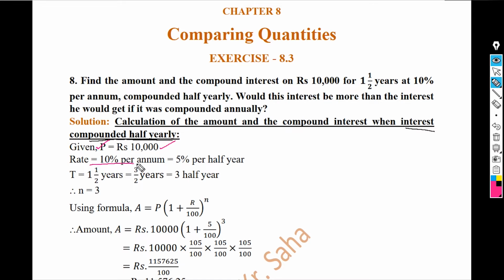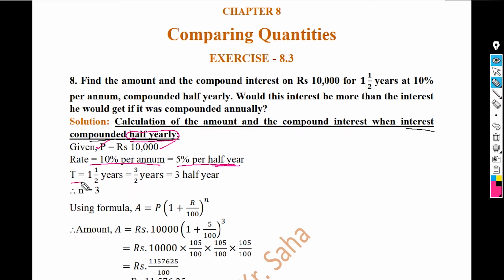Rate of interest is 10% per annum, but we have to compound it half yearly, right? Then you have to divide this 10 by 2, it is 5% half yearly.